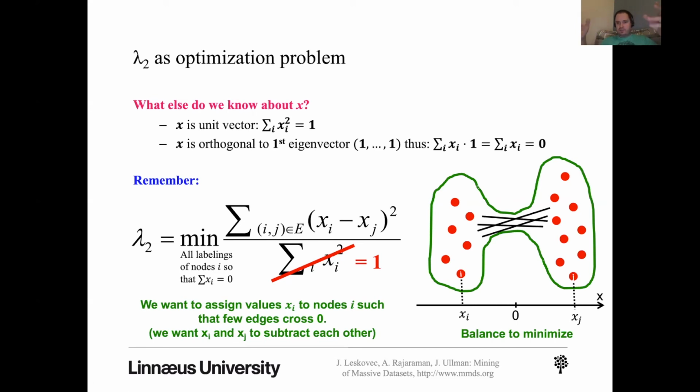And the definition of two vectors being orthogonal to each other is basically that the dot product between them is 0, right? So since I know that they're orthogonal, if I do a dot product between the first eigenvector and the second eigenvector, it has to be 0. And what does it mean that this is 0?